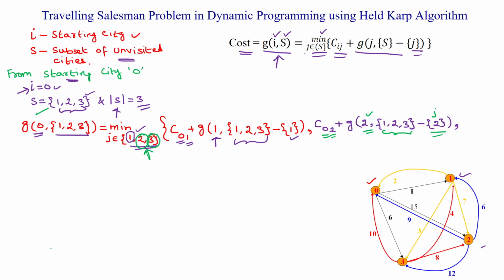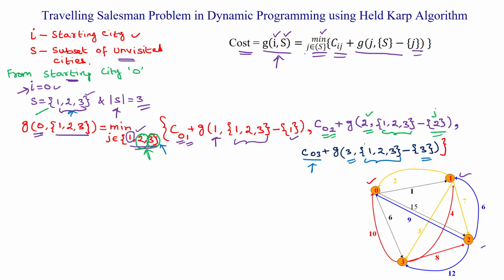When you select 3 as an option, we check the cost from I to j. I is 0 and j is 3, then plus g of 3 and S, which is 1 to 3, minus the selected third city, j.